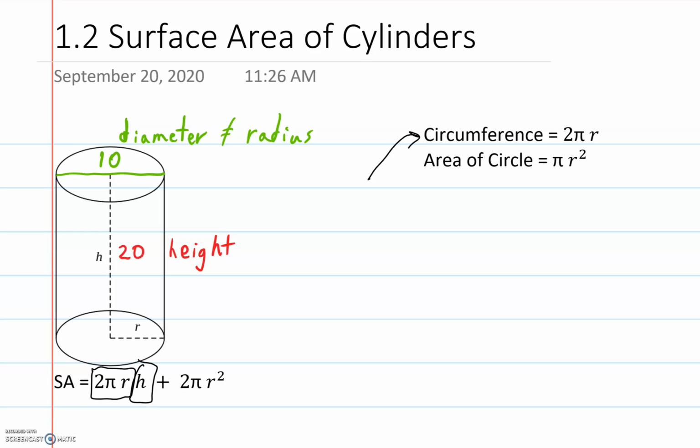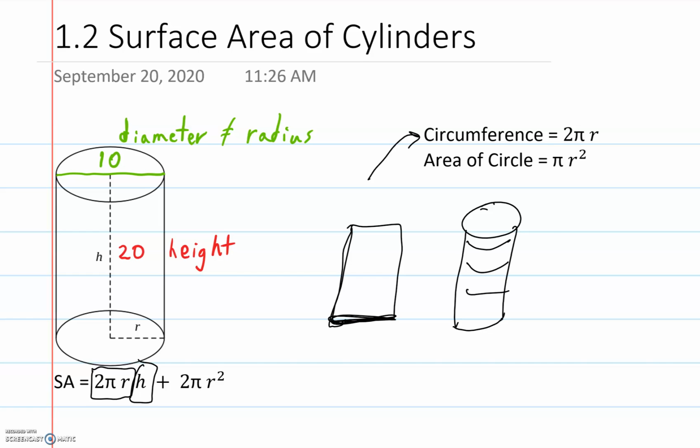Just like if you had a rectangle, you have this length here, and you multiply it by the height. When you unwrap a cylinder, you can imagine this outside part would just be a rectangle, and this bottom is the circumference times the height, which gives us the area.